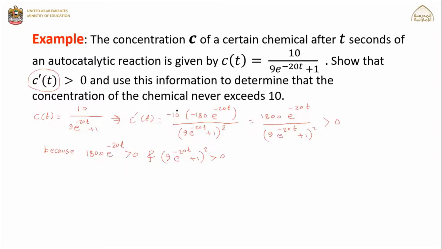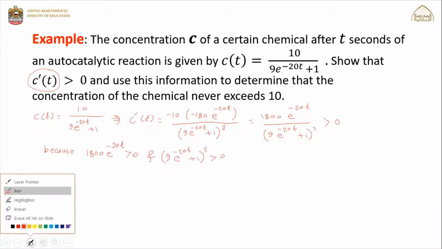Now I will use this information to determine that the concentration of the chemical never exceeds 10. If I look at the derivative, C prime of t is greater than 0.